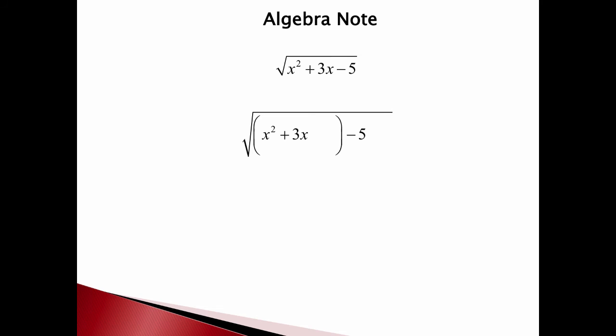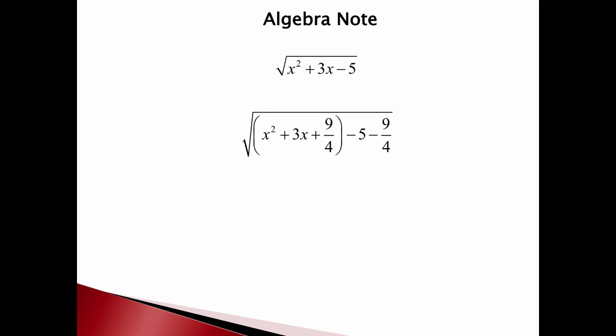We take the 3, the coefficient of the x, cut it in half, so it gives us 3 halves. Now we square it. Okay, that will give us 9/4, and we add that inside the parentheses. That will make what's in the parentheses a perfect square. But now I've added 9/4 in the parentheses, so to keep things from being changed, I have to subtract 9/4 outside the parentheses.